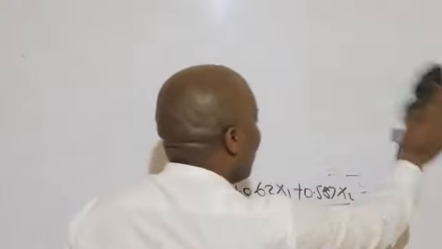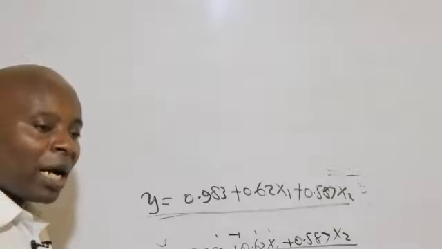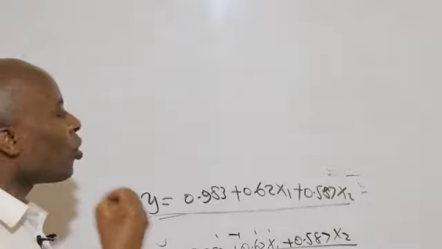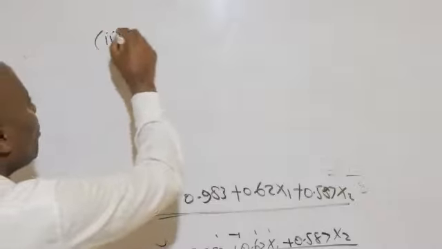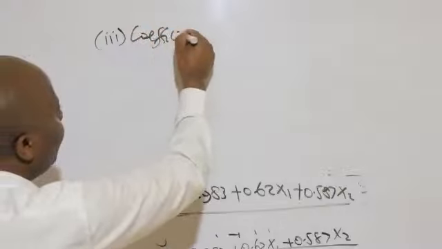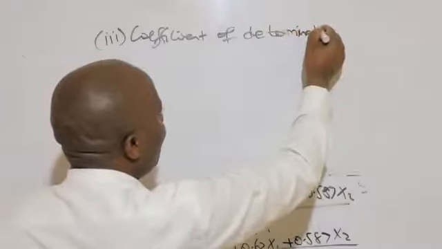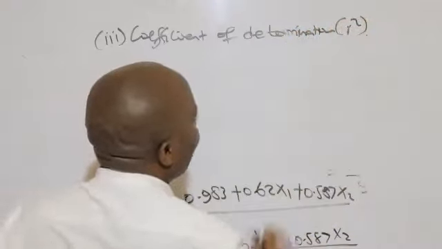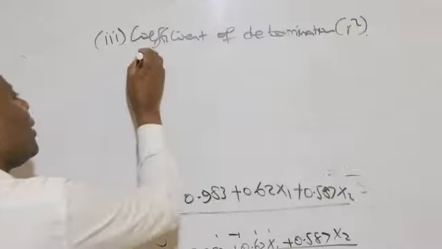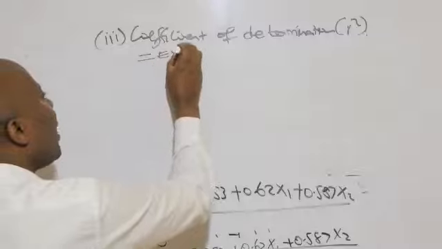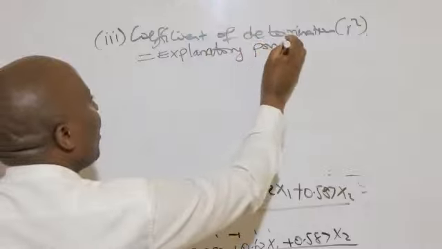The model which we normally use to ascertain the explanatory power of a regression equation is the coefficient of determination, r squared. This is what gives us the explanatory power.